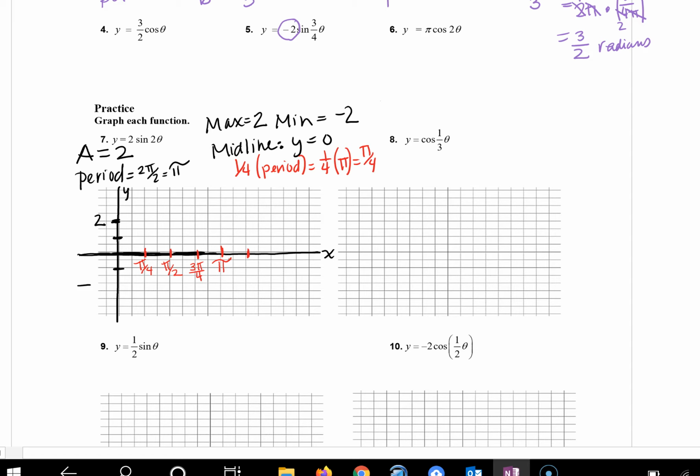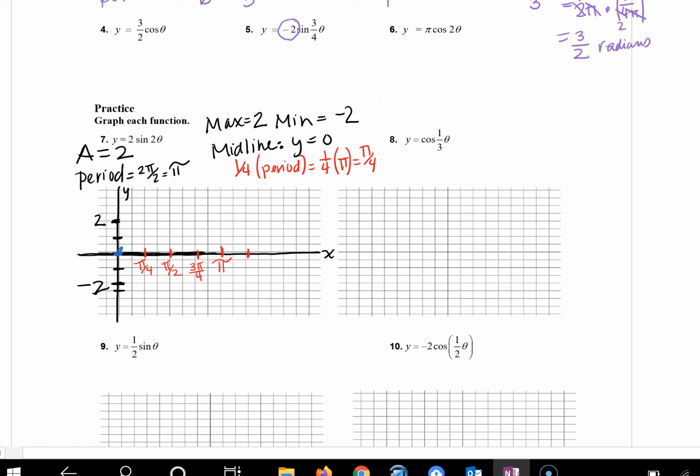So it looks like some numbers change themselves here. So I'm going to go ahead and fix that. This would be negative 2 at this tick mark right here. Okay, so with that in mind, I'm going to follow the pattern of my sine curve. So it starts at the midline, which means my first dot is going to be right here.